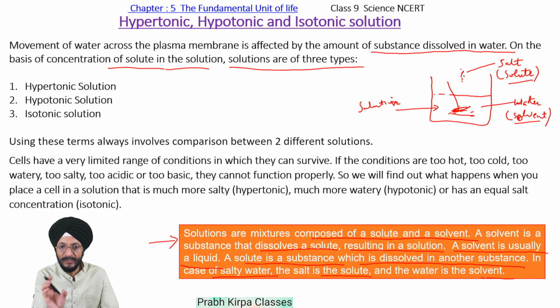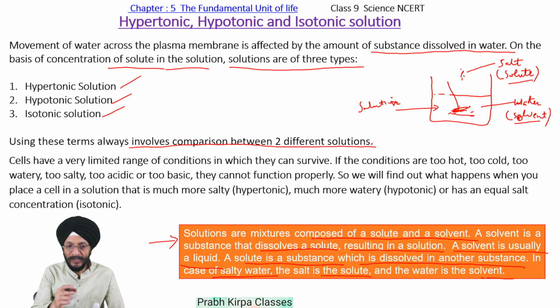When we talk about a hypertonic solution, there must be some other solution with which we make the comparison. If we say he is 2 years elder, then elder than whom? His sister, or his brother. There must be a comparison with another solution.